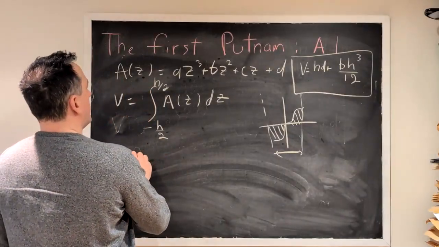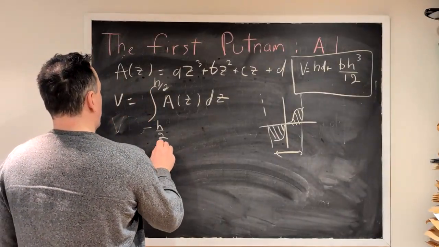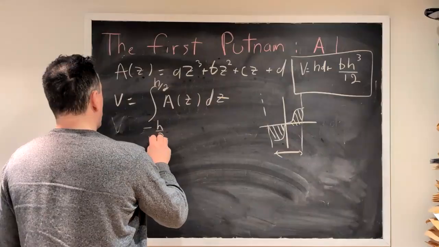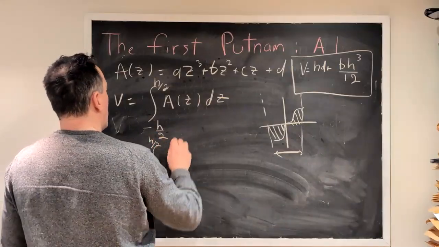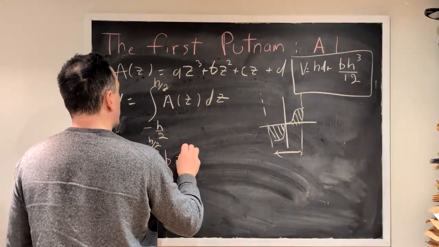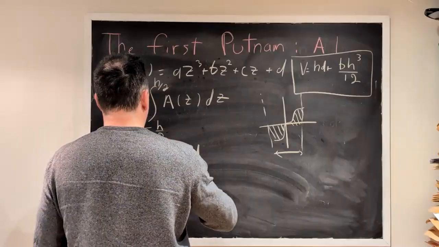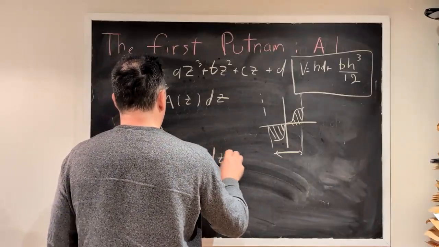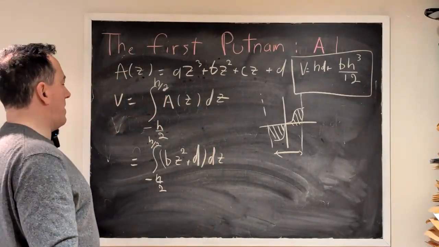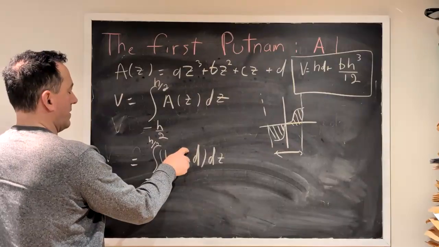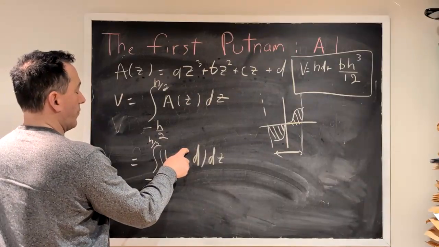So the volume would be equal to the integral from minus h over 2 to h over 2 of b z squared plus d dz. Now, when we integrate z squared, we will get z cube over 3.